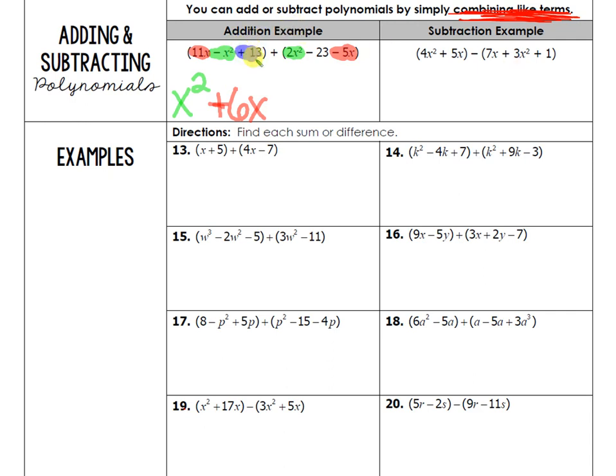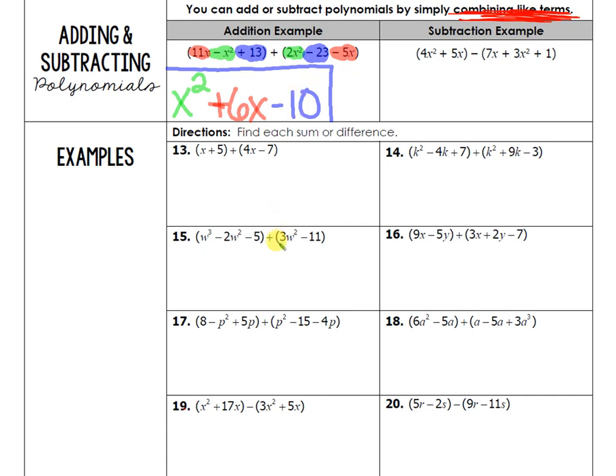A positive 13 and a negative 23. 13 minus 23 is going to be negative 10. We're always going to make sure that our answer is in standard form. My biggest exponent, x squared, followed by an x without an exponent, followed by my constants.